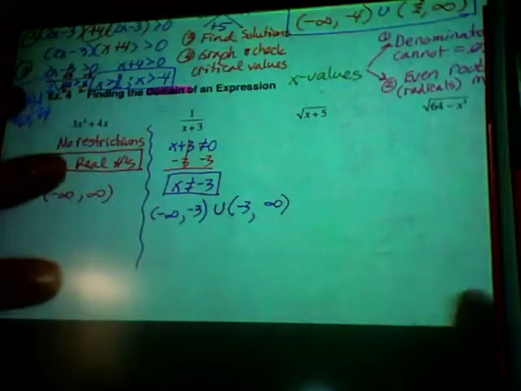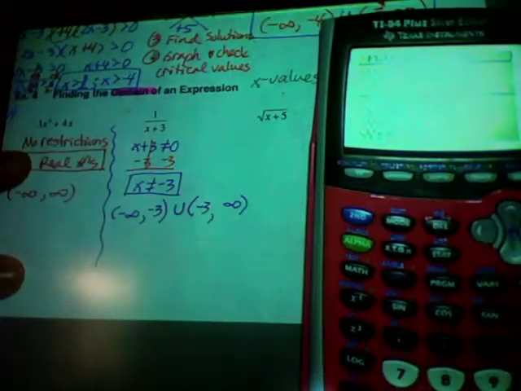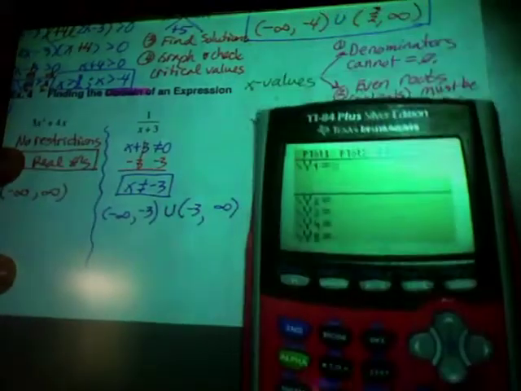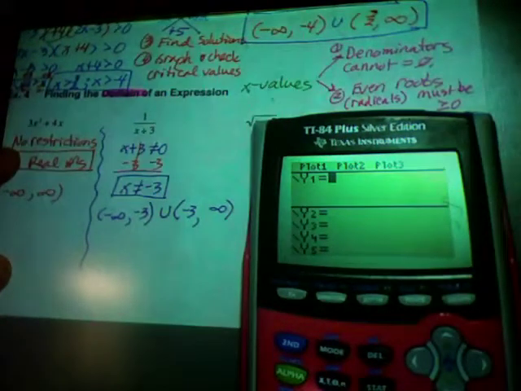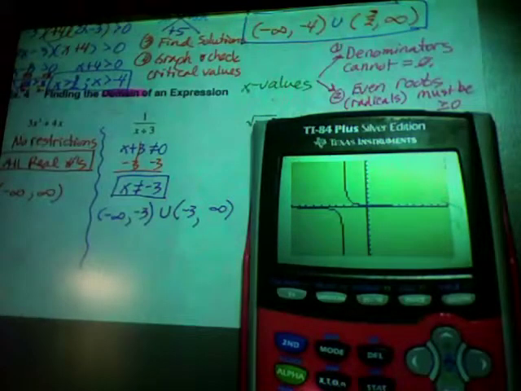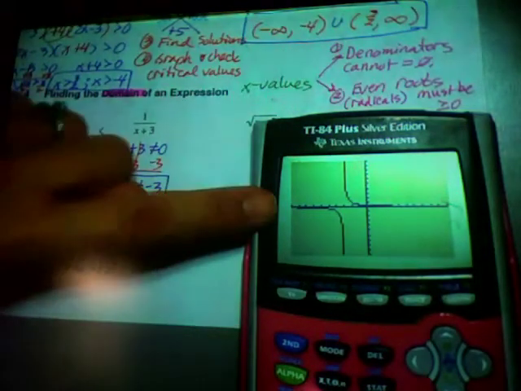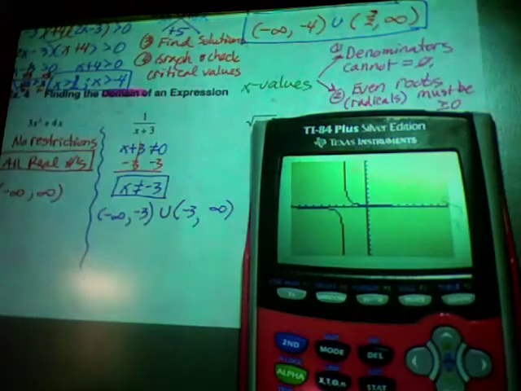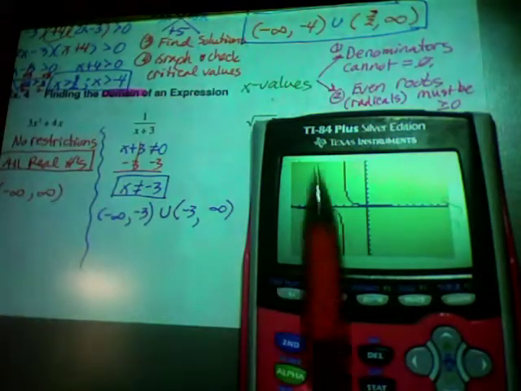And then this particular one, if I plug into y equals, I'm going to put 1 divided by parentheses x plus 3, and then hit graph. Do you see how it's covering the entire x-axis, except most of your calculators will not show the asymptote.